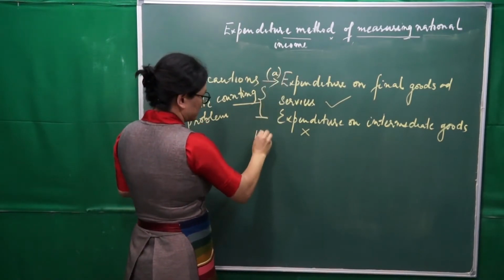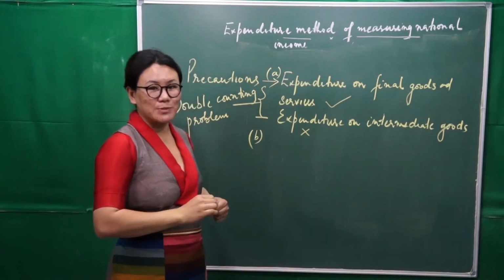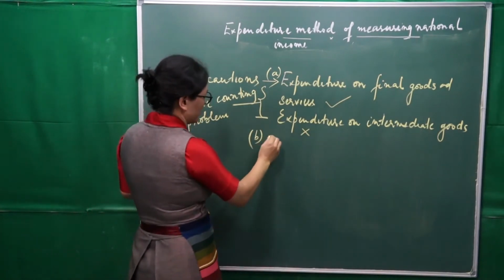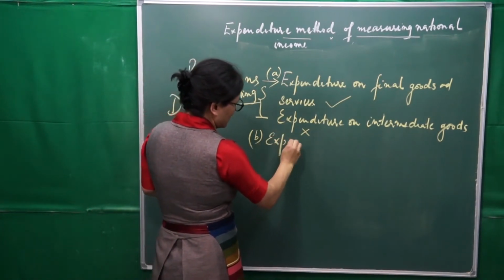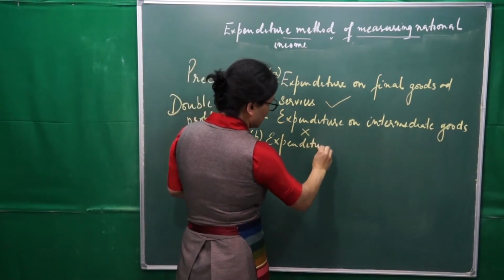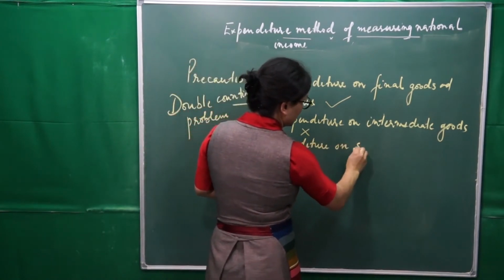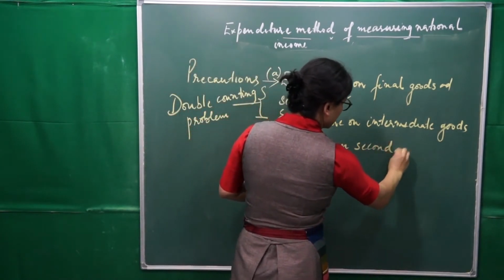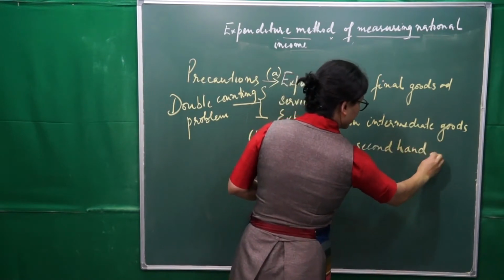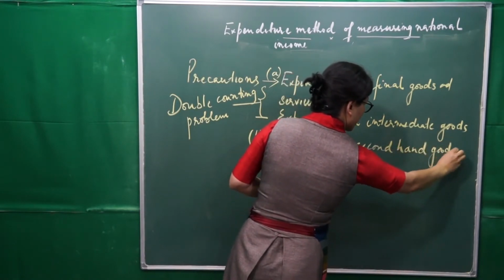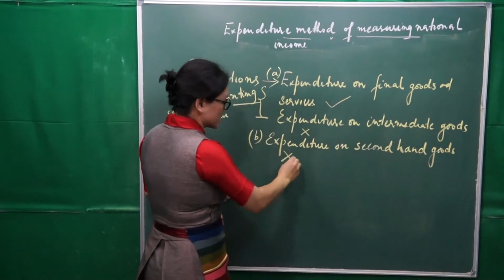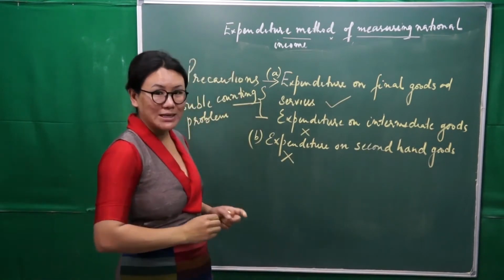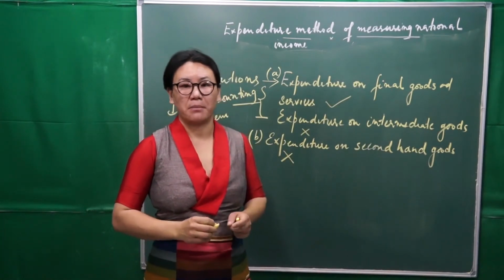Second one, B. Expenditure on second-hand goods. Again, we should not consider this. It is not included in this method.